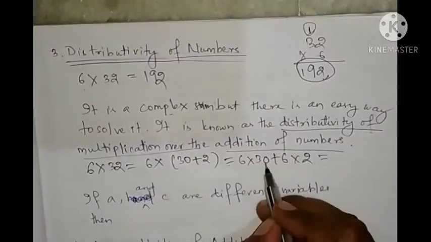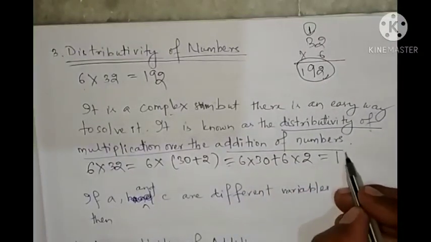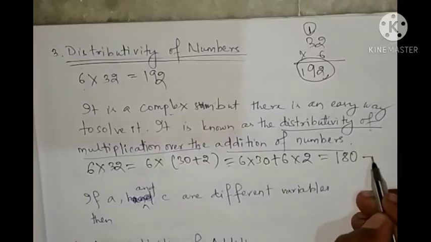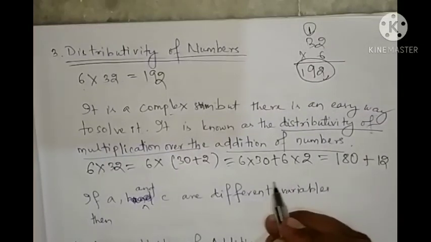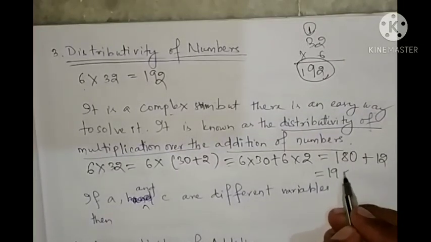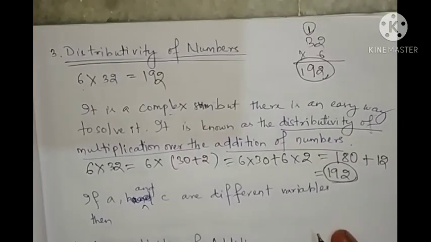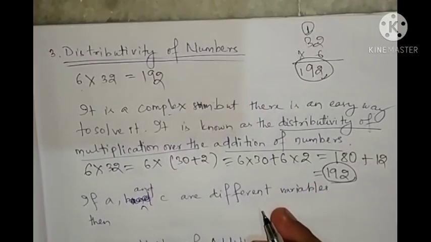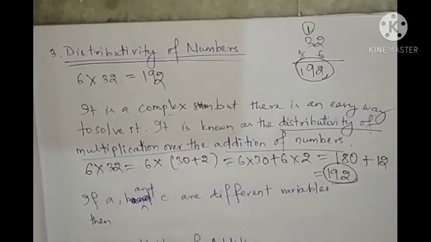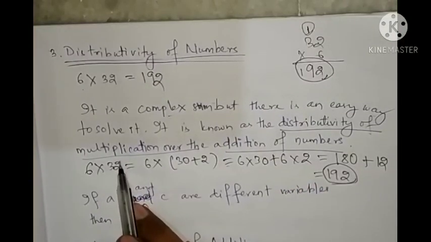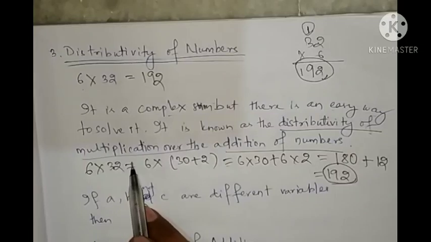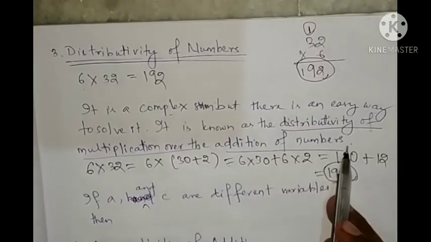So 6 into 30 is how much? 180 plus 6 into 2 is 12. That is how much? 192. Like this also you can easily do this multiplication, and this is known as distributivity of multiplication over addition of numbers.